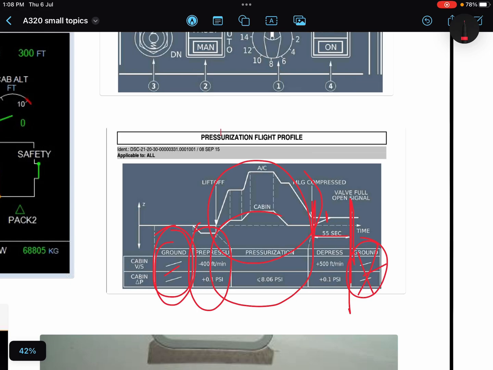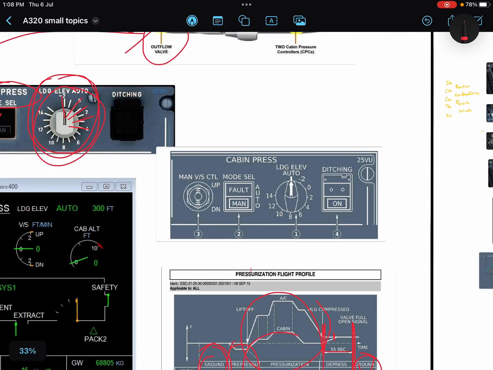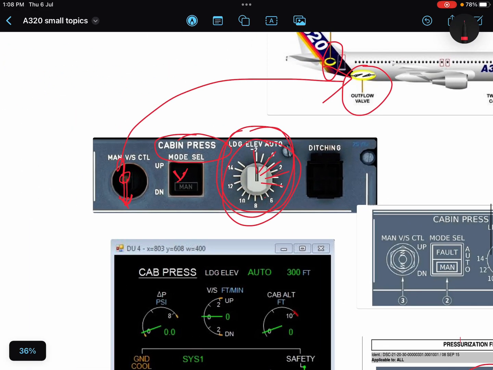Keep it in mind. This is how your fully automatic pressure sequence works. Now you know how the fully automatic pressurization works, you know how the semi-automatic pressurization works, and you know how the manual backup works.